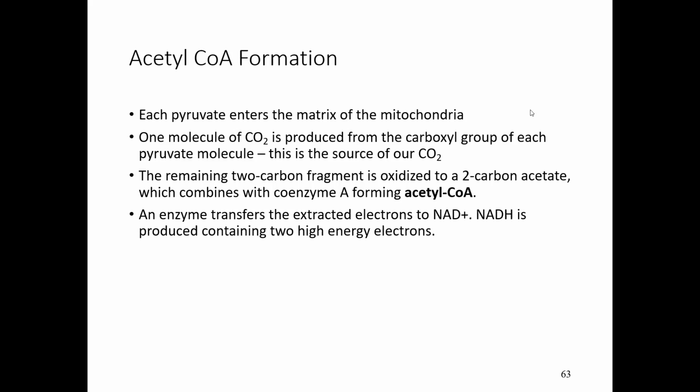I don't ever remember hearing anybody in healthcare asking someone else. My doctor doesn't, and I know my doctor likes to discuss things with me. He's never asked me about what happens to acetyl-CoA. So it's just a step to get us into the Krebs cycle. That's all it is.